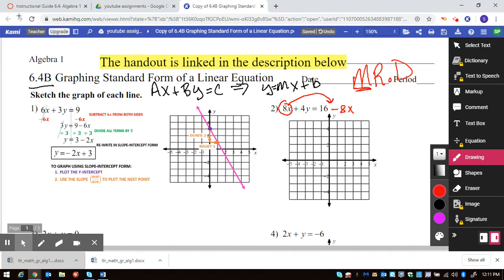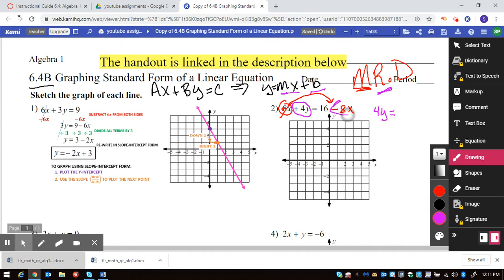So this was positive 8x, and when it moves over to the other side, it becomes negative 8x. The R simply means to rewrite. You're going to rewrite, and this happens to be a positive y this time, is equal to the x, because you're looking for mx and then the b.